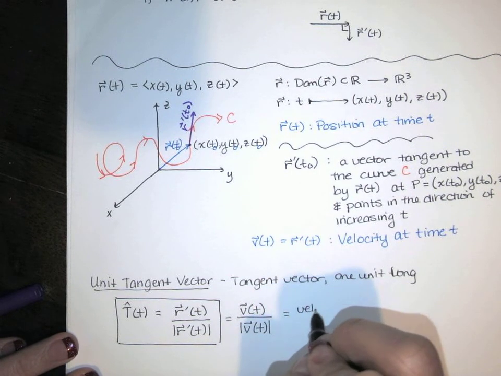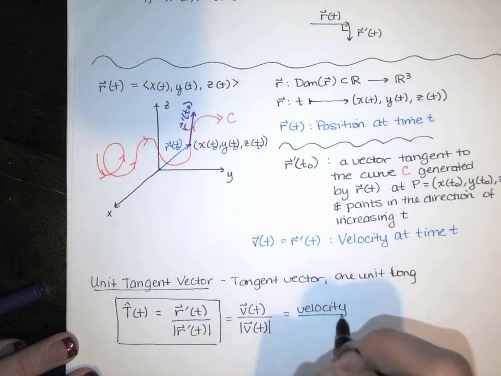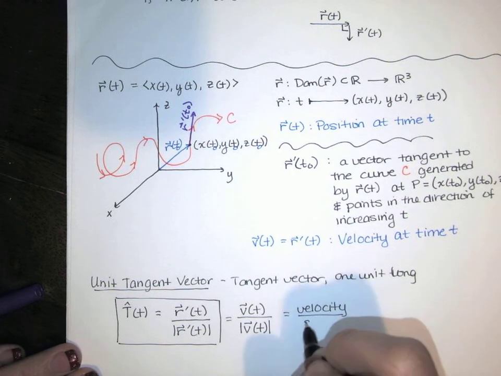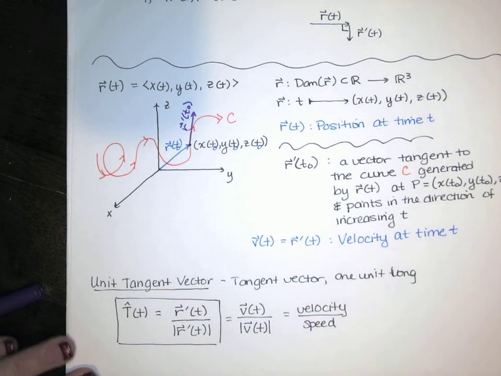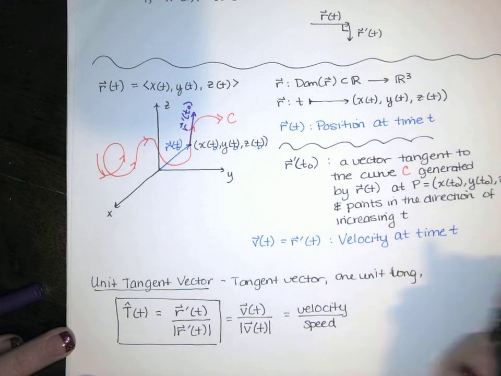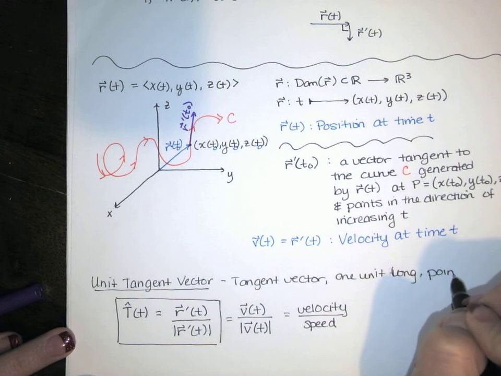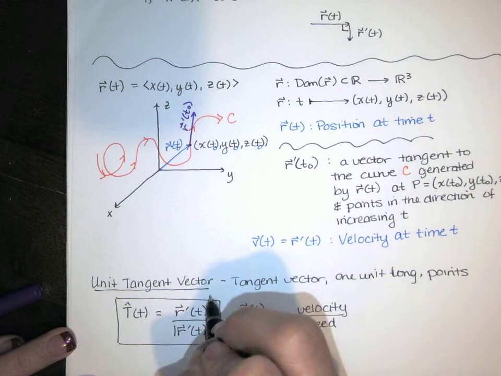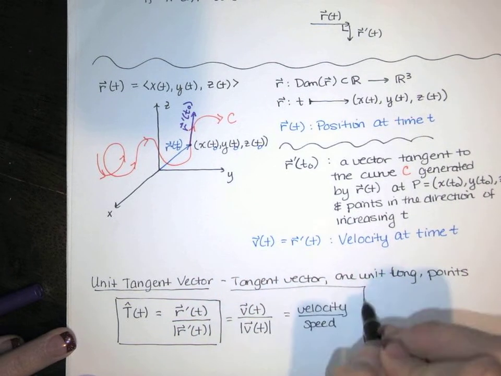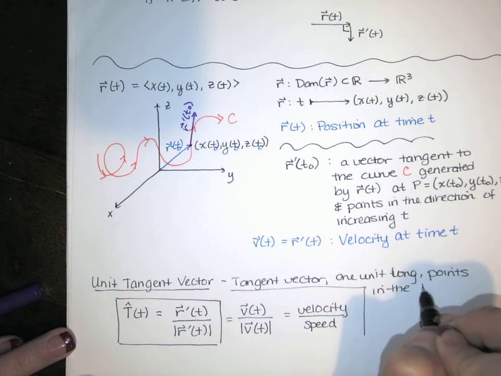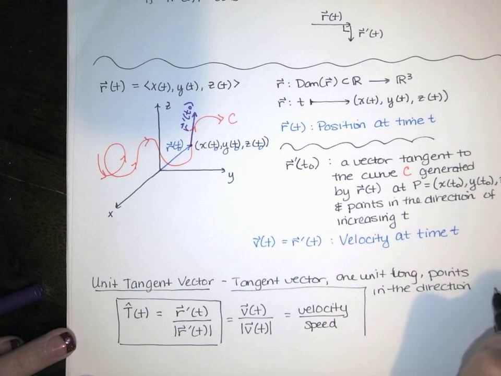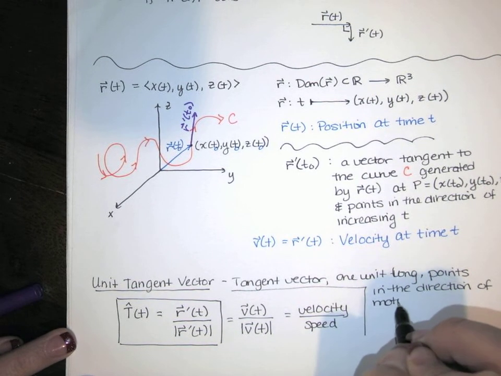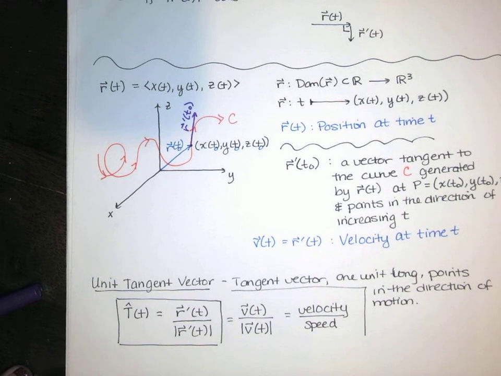Or, in words, we could call this velocity, which tells us the direction that we're going, divided by the speed. So now I've got a vector that just points in the direction that we're traveling in. Provided that r is position and t is time, this unit tangent vector points in the direction of motion. Okay, so that's the unit tangent.